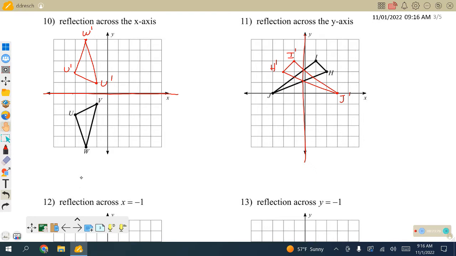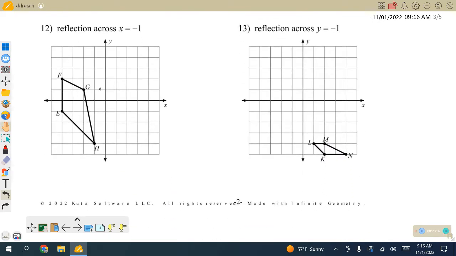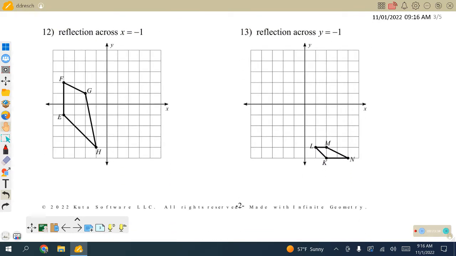Okay, when I say reflect over line x equals -1, go draw on that line of reflection. So when you're drawing that line of reflection, what type of line is that going to look like? Is it a vertical line or a horizontal line? It's a vertical line. When we say x equals -1, it's going to create a vertical line.